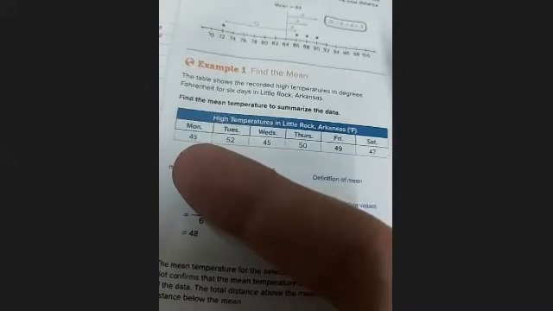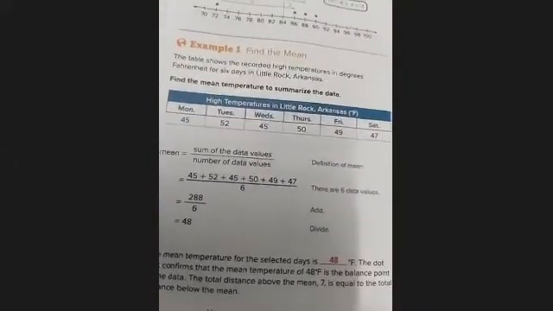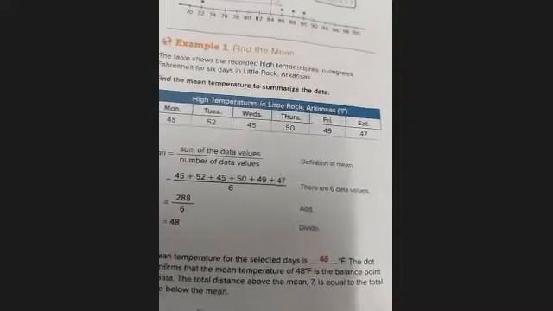Now we have Monday. What is the temperature for Monday? 45. Guys, 45 and 52 are high temperatures, but they are in Fahrenheit. You know, we have Fahrenheit and we have Celsius, which we use here in our countries, okay? Now the temperature 45 on Monday, on Tuesday, how much? 52.